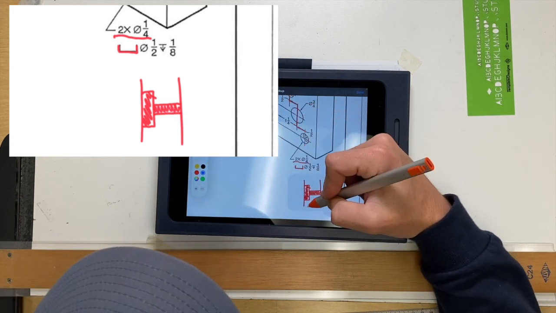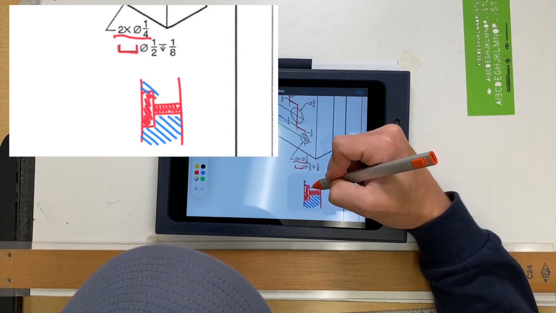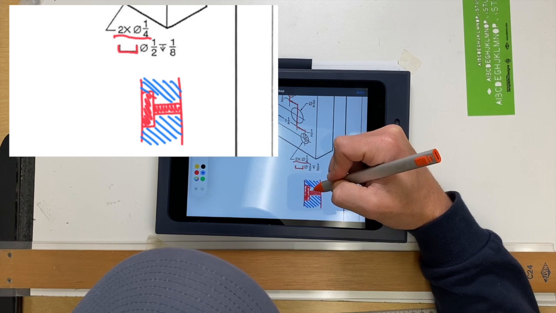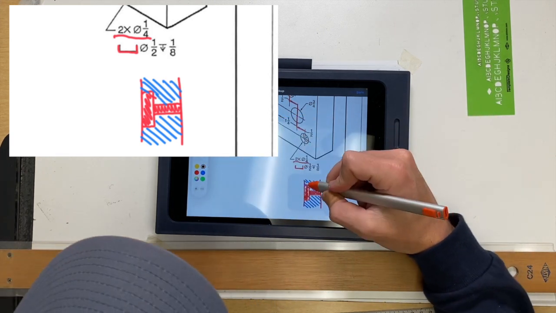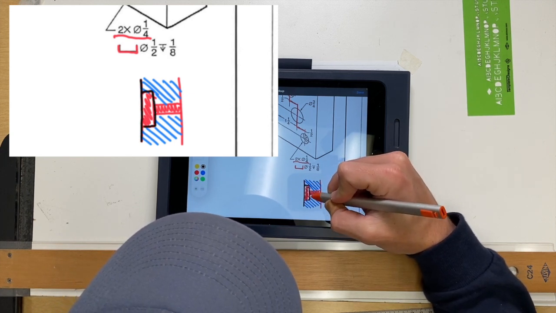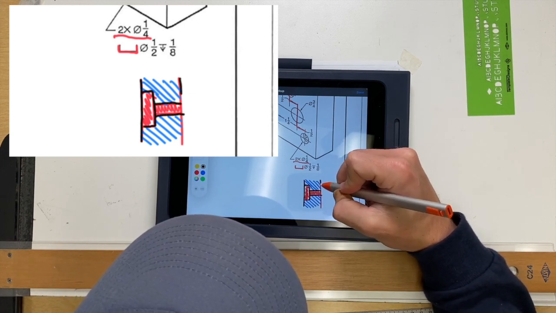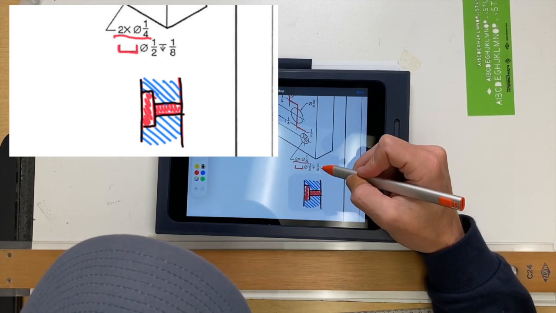So if this was a section view, this is the solid material, and the red area is the actual hole. Now the object lines would actually follow these, and that is this hole, essentially what you're looking at when you see this hole.